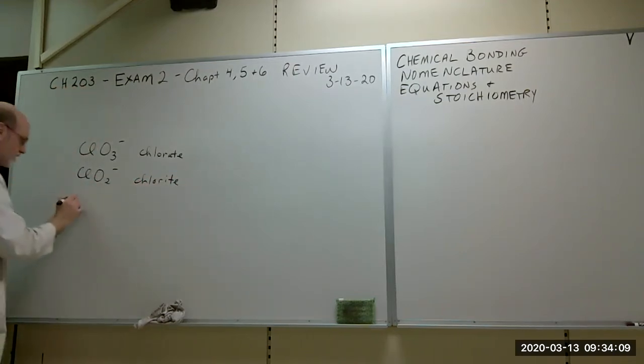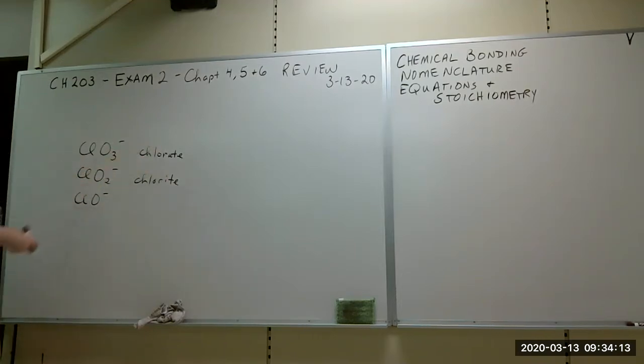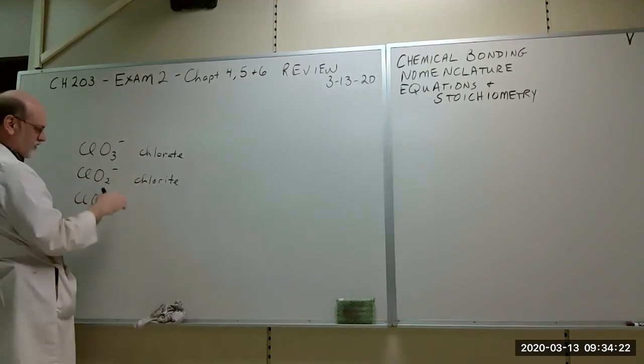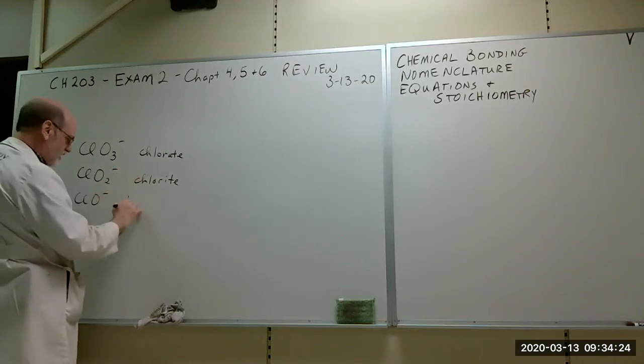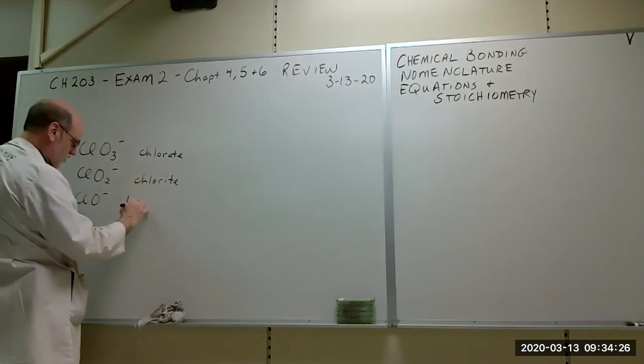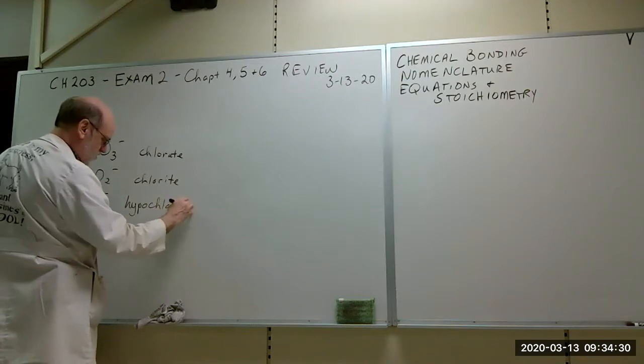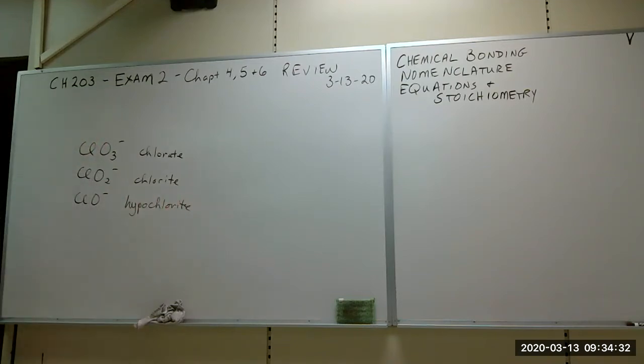We can take away another one. But there are no more suffixes to account for a loss of an oxygen, so we use a prefix. We say, all right, if it's this one, we want to go even lower. Hypochlorite, like hypodermic, under the skin. This is under the chlorite.